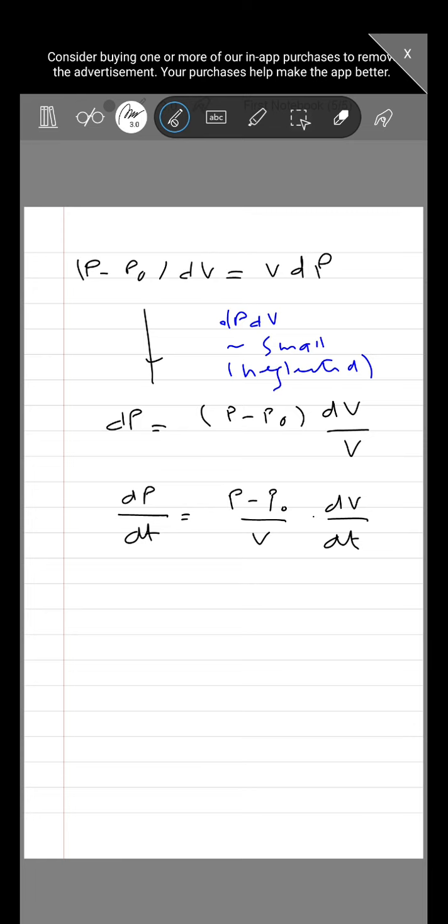We have said that S is equal to minus dV by dt, the speed of the pump.